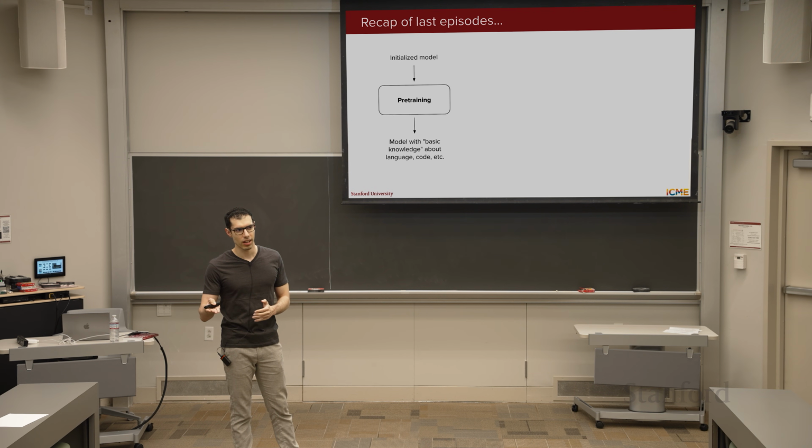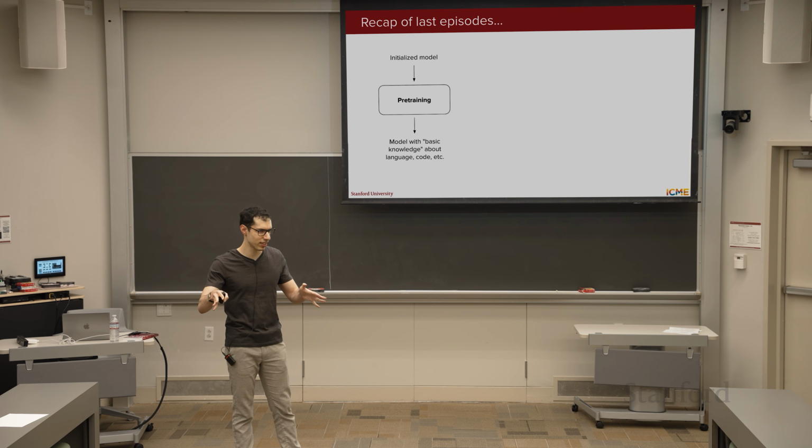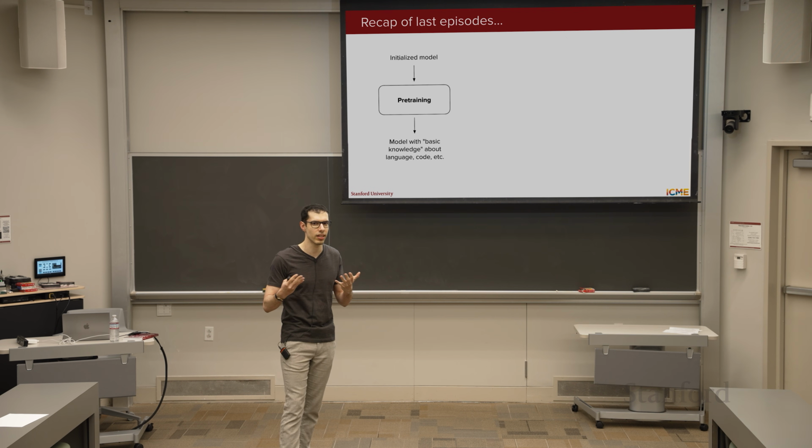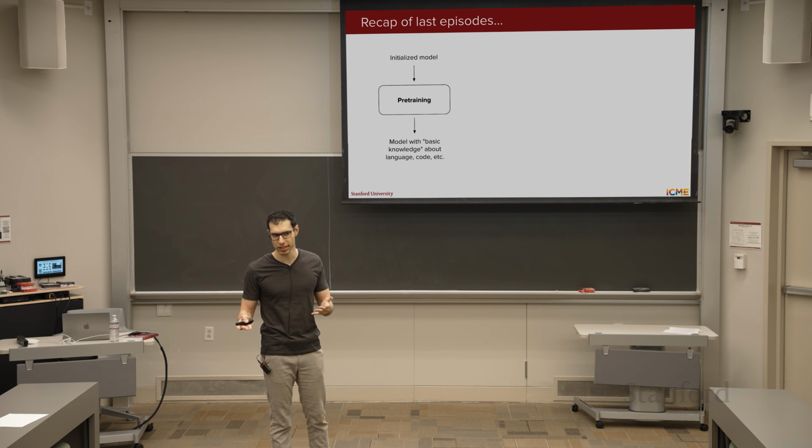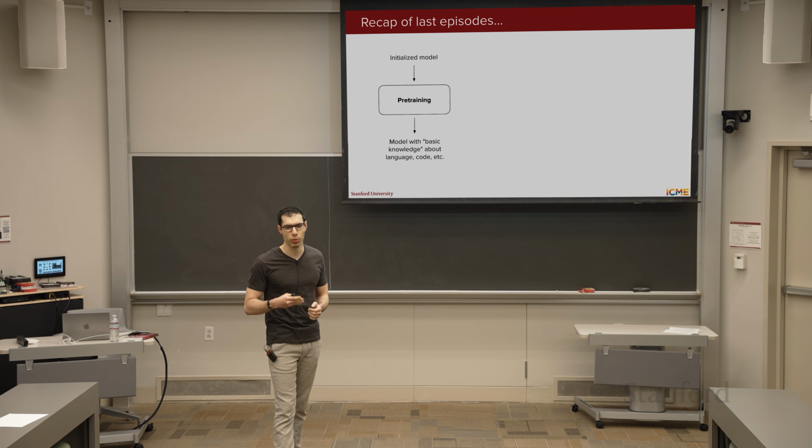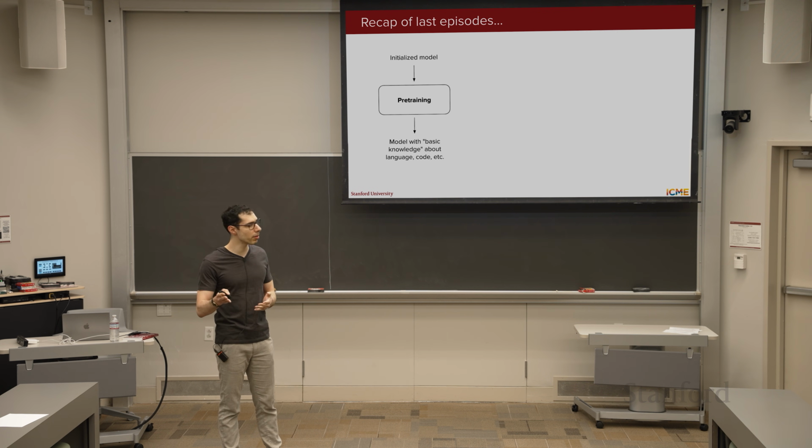We've seen techniques to parallelize that across GPUs. We've seen data parallelism methods, and in particular ZeRO, the variants 0, 1, 2, 3. And we've also seen very quickly what model parallelism was.